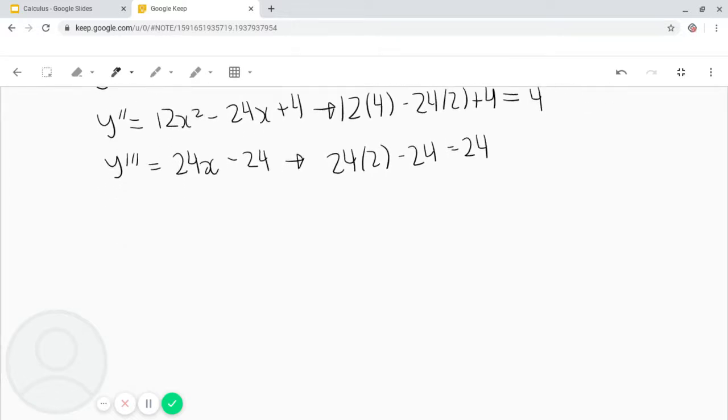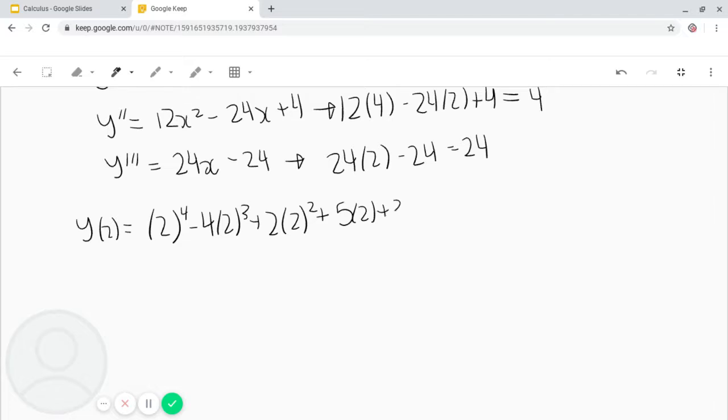And then I should write down as well, y of 2 equals 2 to the fourth minus 4 times 2 cubed plus 2 squared plus 5 times 2 plus 3. And that is equal to 5.